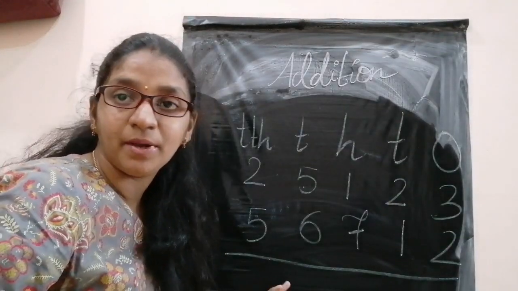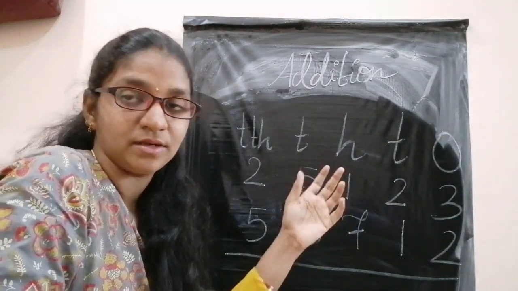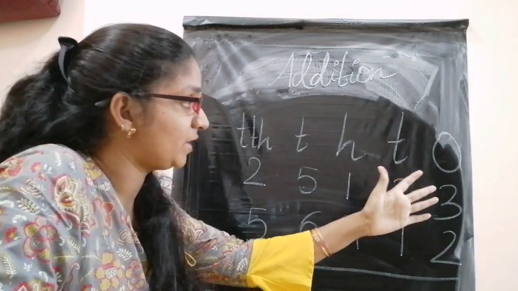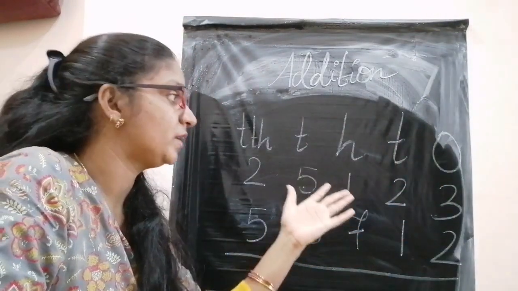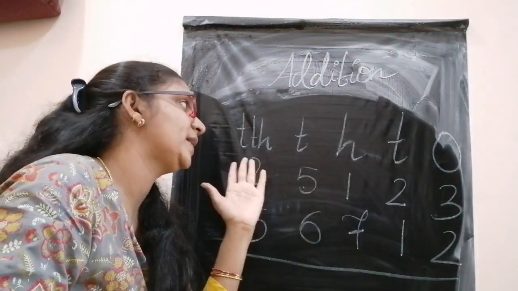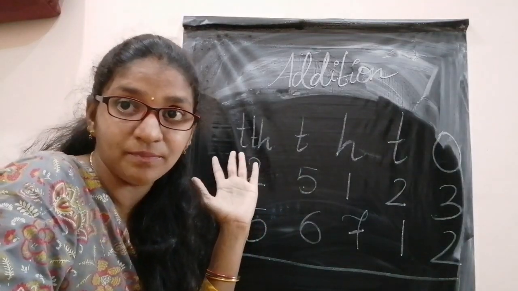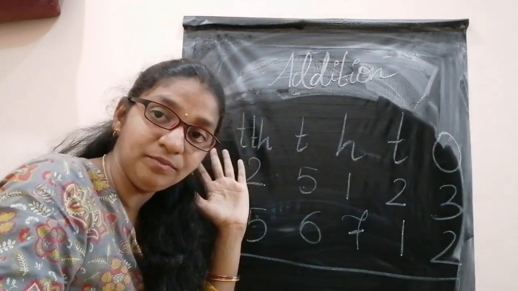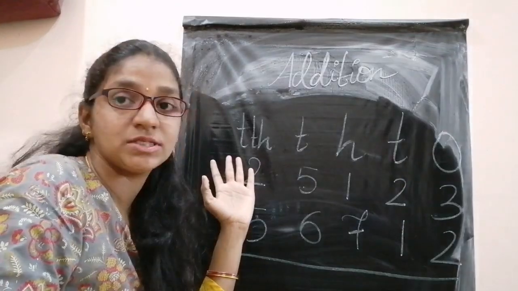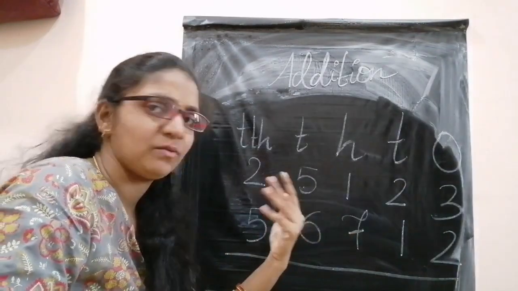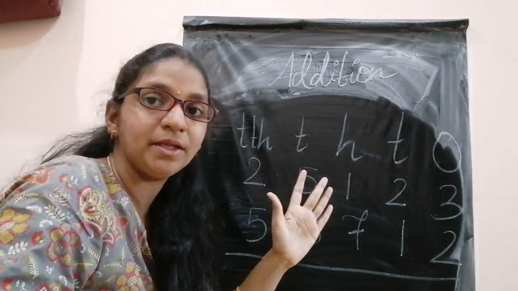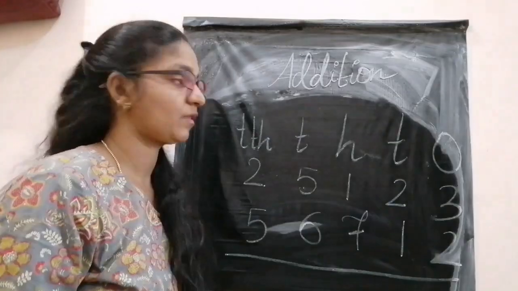Sometimes the carrying may come at any place. It may come right away in the ones place or in the tens place, the hundreds place, the thousands place, or sometimes it may come at the end, like the ten thousands place. Wherever the carrying may be, the same process applies.